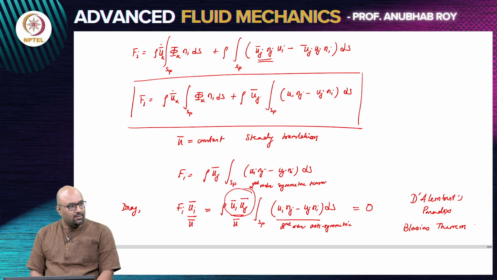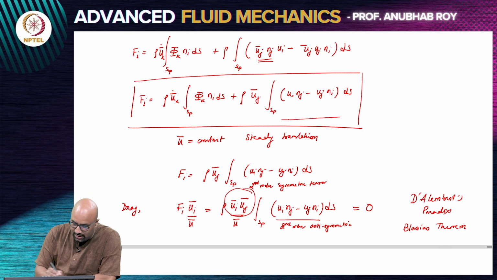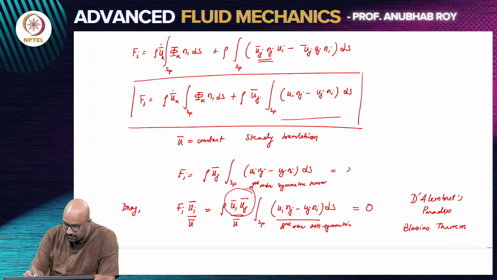Now, if there was no circulation in the problem, then once again, if you look at that particular integral, you can use a divergence theorem here, and you can take this to a large distance and show that this is applicable.